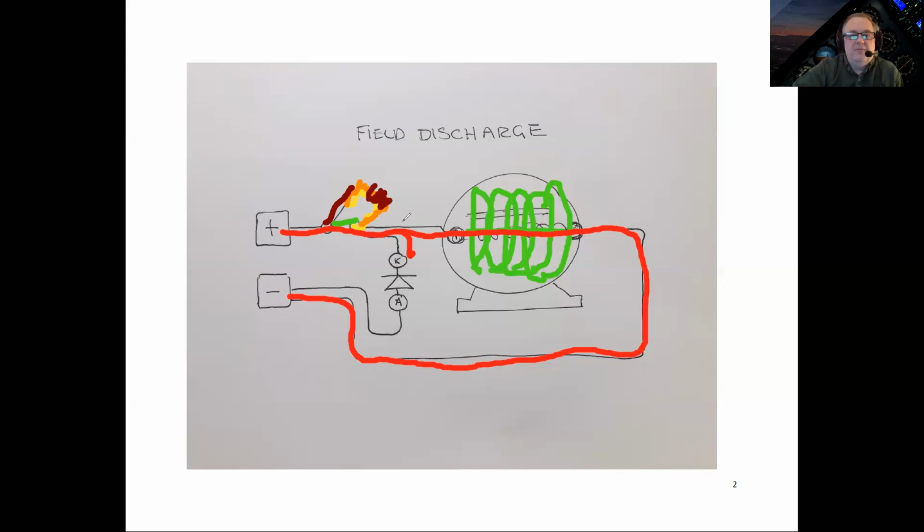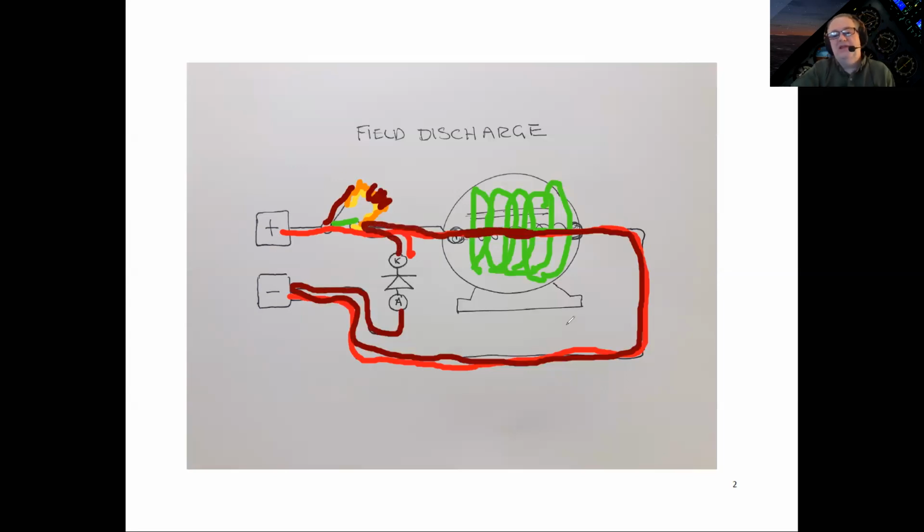And so here's what happens. If you look at the circuit, all of this energy that's stored in here can actually go like this. It can go through the field winding, through this portion of the circuit up to this terminal, and comes this way. Now it's forward biased, and goes through this diode, out of here, into this contact, and back through here.